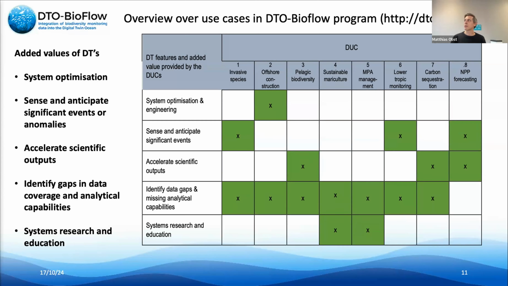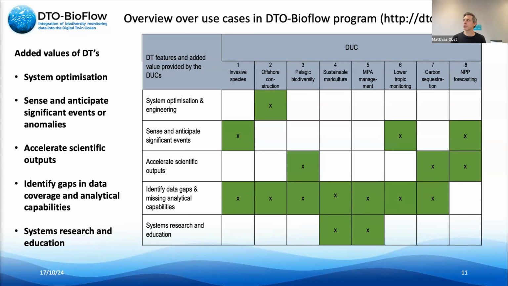Another one is that you actually produce knowledge cheaper, better, or faster than before. So it's not that you create anything new, but you could create this knowledge also without the digital twin, but you will create it faster. So that can be an advantage in itself. And then the most important thing, especially in the construction phase, is the data gaps, that it helps you understand where you need to add data and collect data.